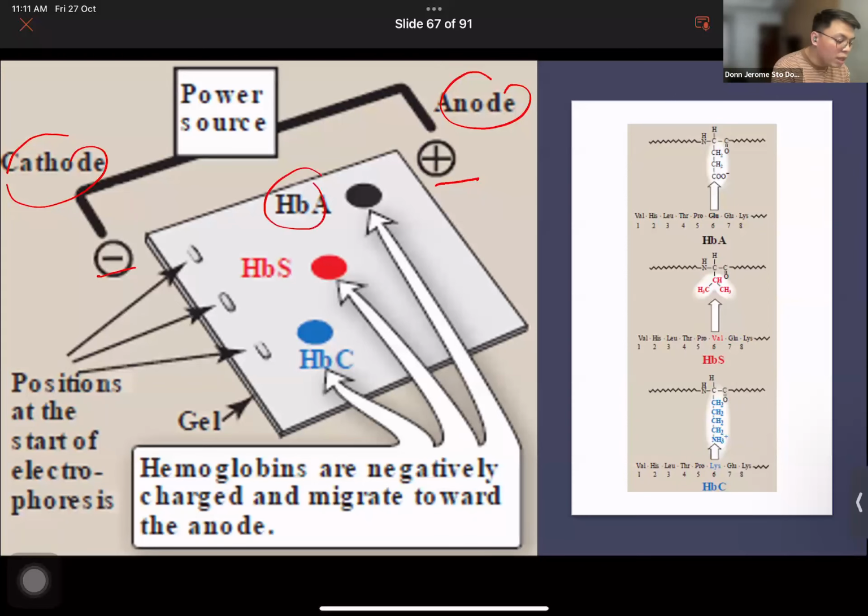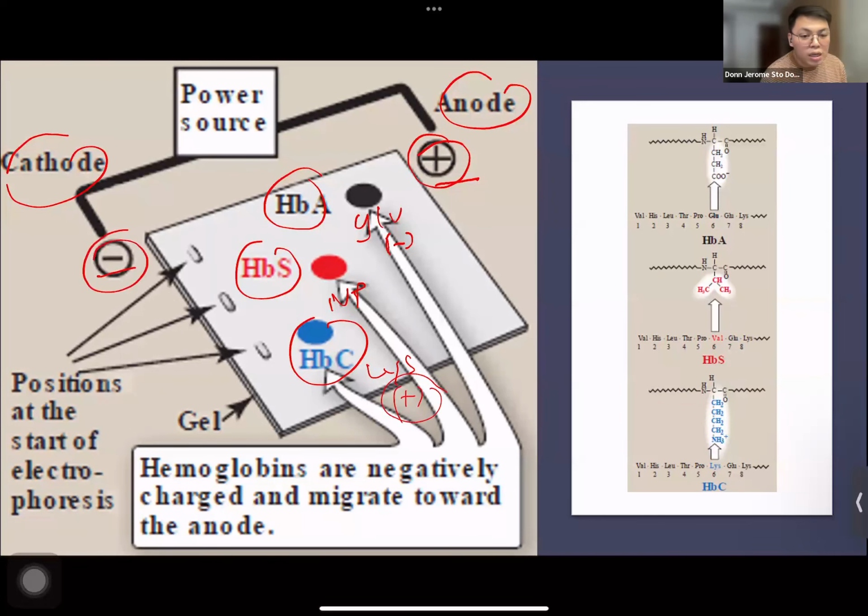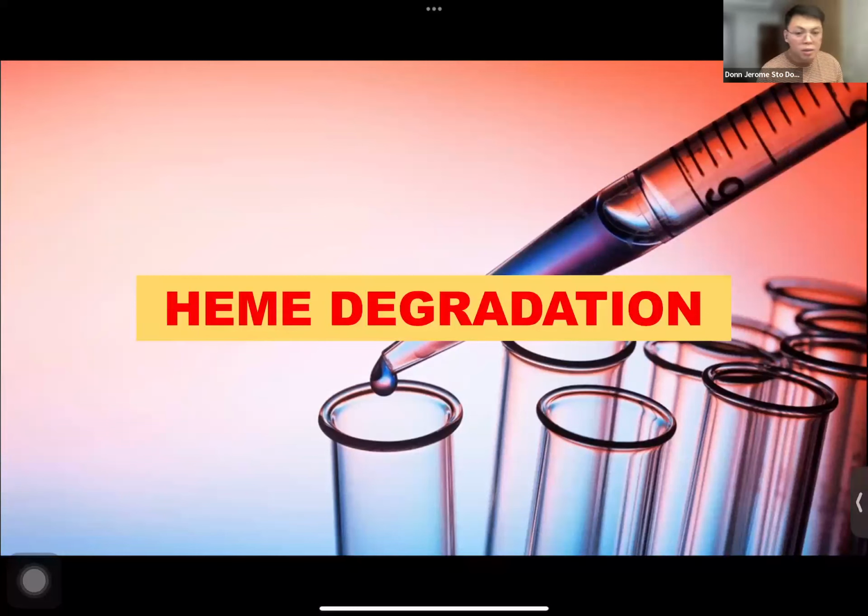That would be your hemoglobin A because of its glutamic acid residue that is negatively charged, more attracted to the anode side, followed by hemoglobin S containing a non-polar amino acid, and hemoglobin C containing lysine, which is polar, positively charged, more attracted to the cathode side. Okay? Clear po? Any questions up until this point?